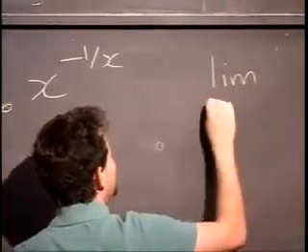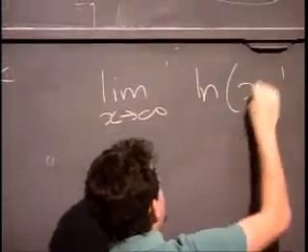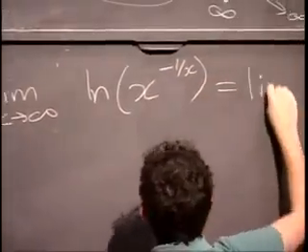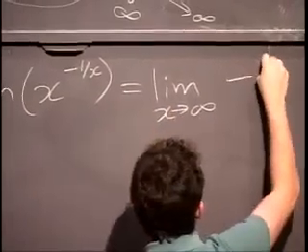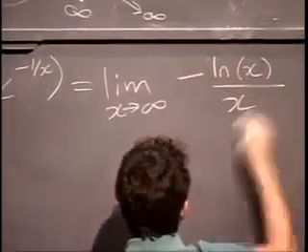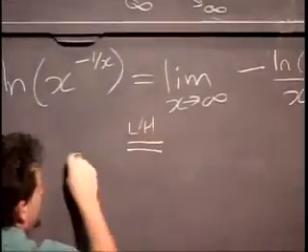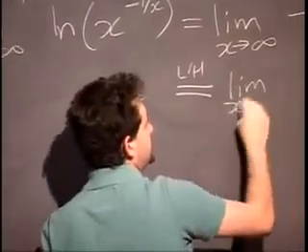Start just by saying limit as x goes to infinity of log of this quantity, x to the minus 1 over x. This is a pretty quick one. You get minus 1 over x, so you get minus log x over x. And this is very straightforward. It's just an infinity over infinity L'Hopital's rule, as you can see by substituting.